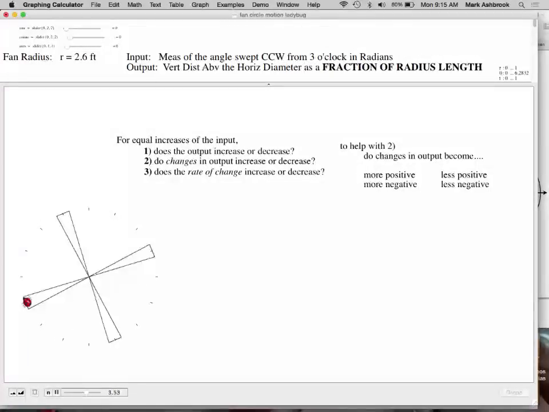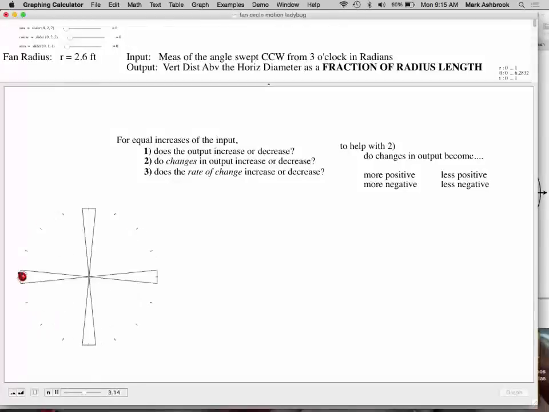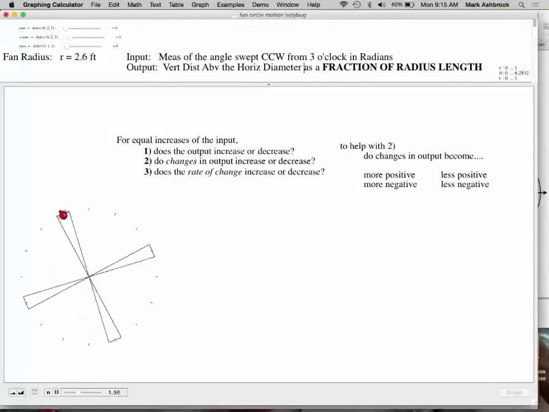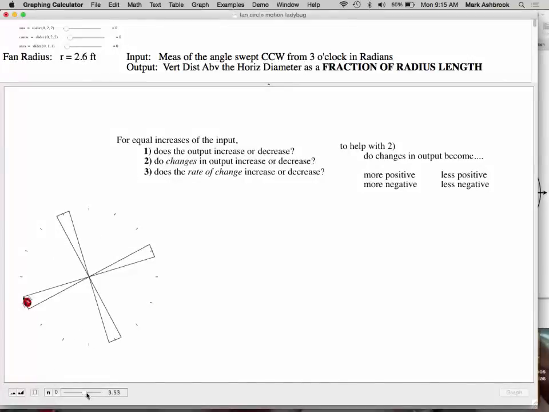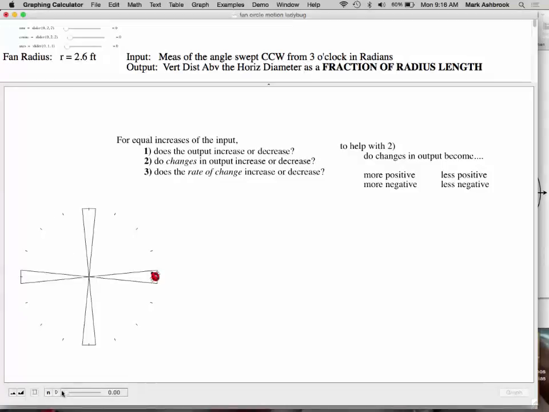So here's what we're going to look at. We're going to look at the measure of the angle swept counterclockwise from the 3 o'clock position and the vertical distance above the horizontal diameter as a fraction of the radius length. Okay, and so we are going to take this one step at a time.